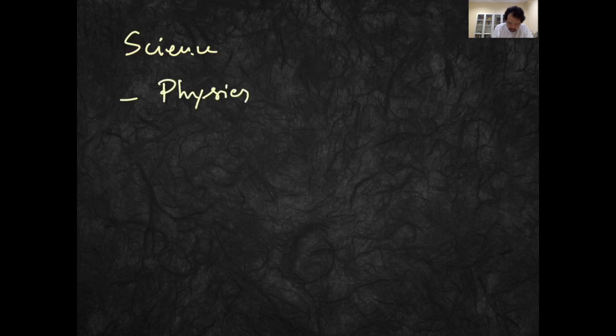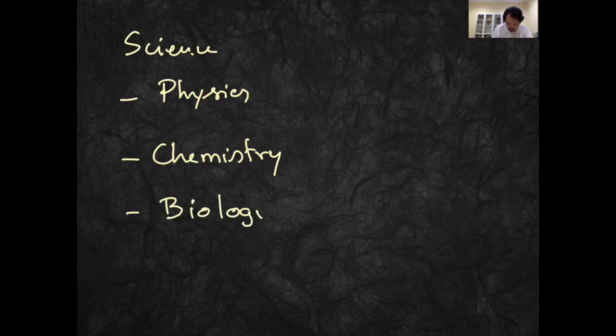You may know from your high school that physics is a branch of science. You may say that science has 3 branches. That is physics, chemistry, and biology.